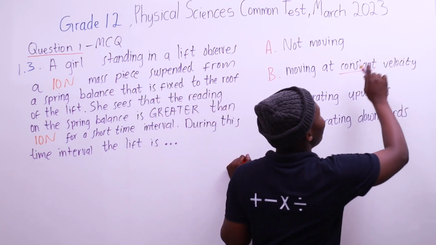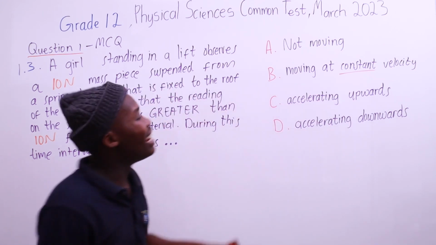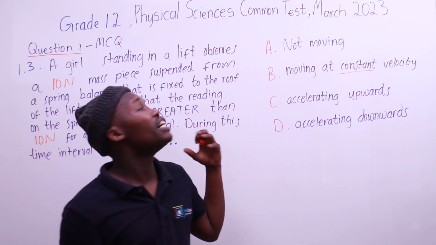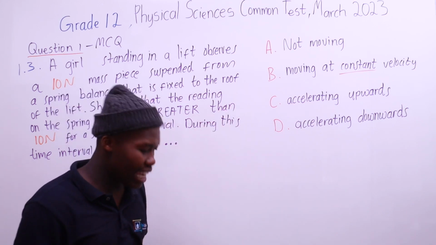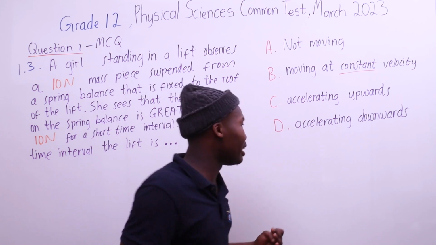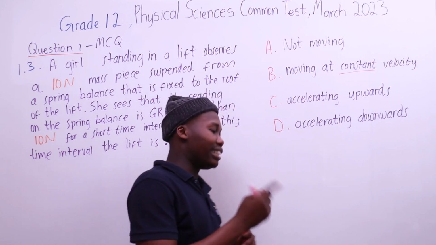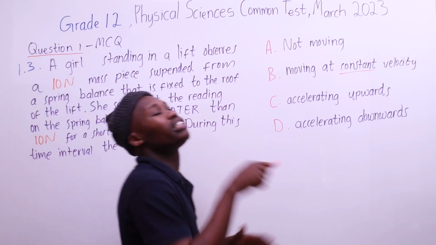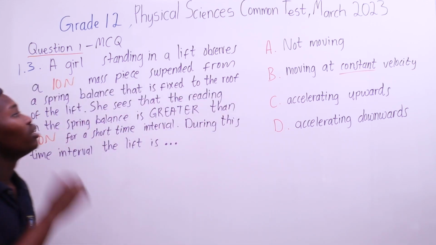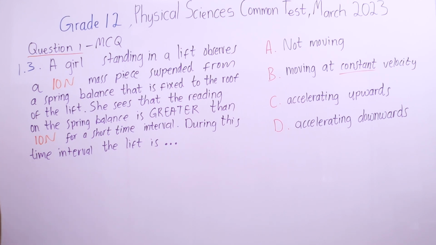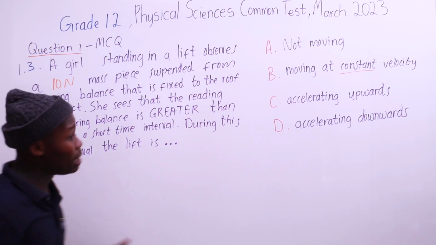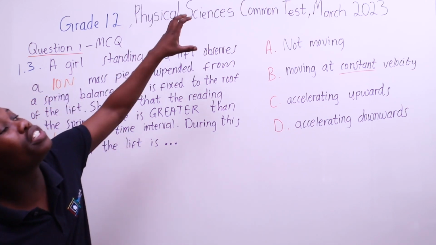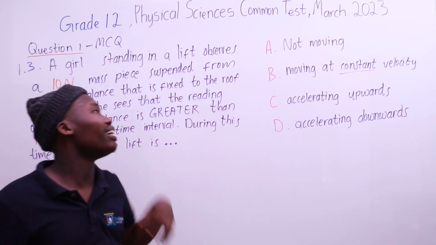If velocity is constant, it stays the same. Accelerating upwards means the velocity of the lift is increasing every second. Accelerating downwards, it is decreasing every second, or it is increasing every second in the opposite direction. Now we must choose which is true for the lift where we have 10 newtons at a certain time and then they saw a reading above it.